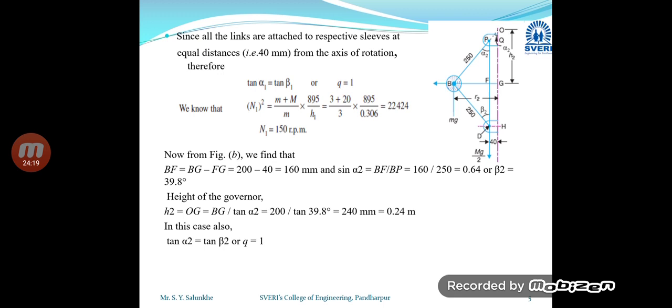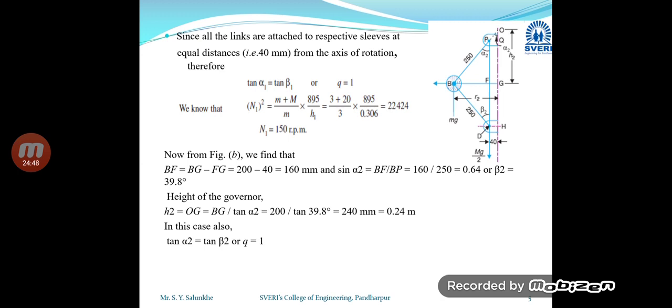BG we know, that is the radius of rotation, R2. So 200 minus 40 will be 160 millimeter. Then we take the sine of this alpha: sine alpha 2 is equal to BF divided by BP, that is 160 divided by 250, and hence we get this value as 0.64.